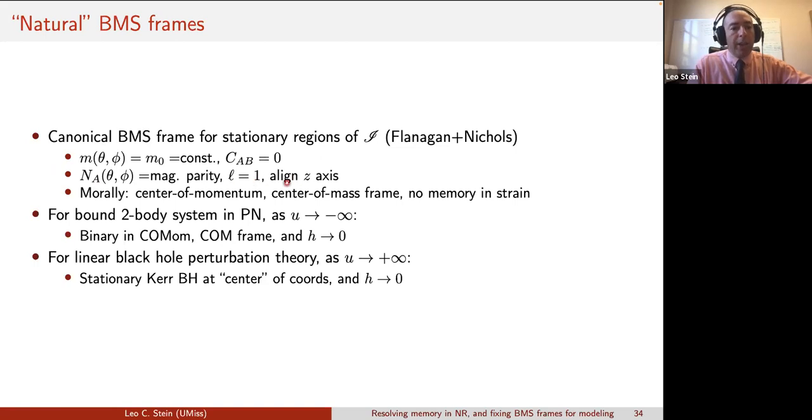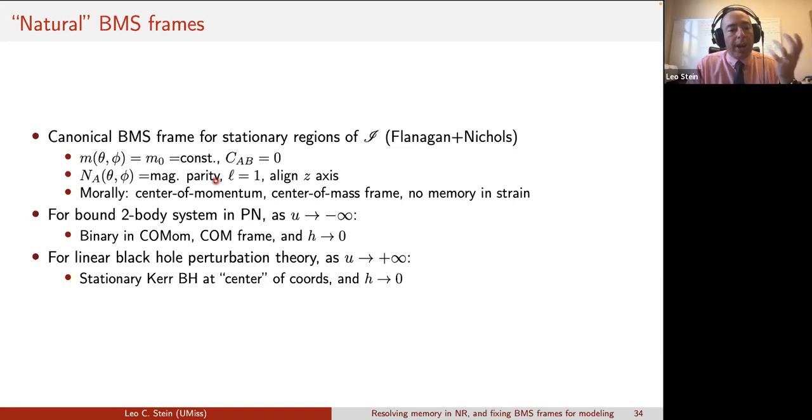And you can align that L equals 1 function with the z-axis, so it's azimuthally symmetric. So morally, what you're doing is you're putting the system into the center of momentum and center of mass frame, and you're saying that there will be no memory in this frame. That's a consequence of going to this canonical choice for stationary regions.